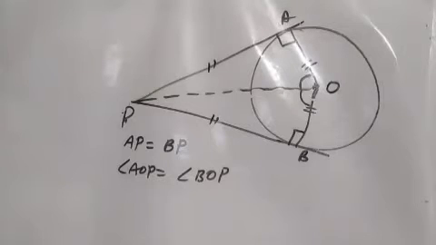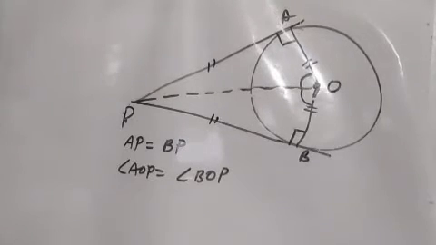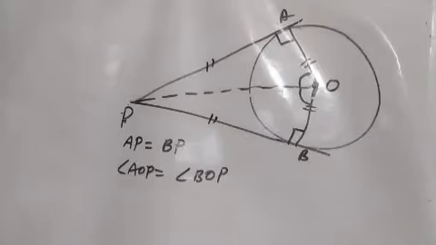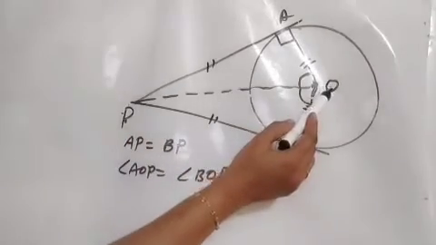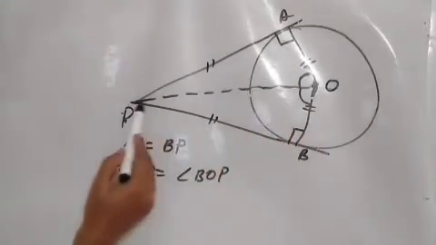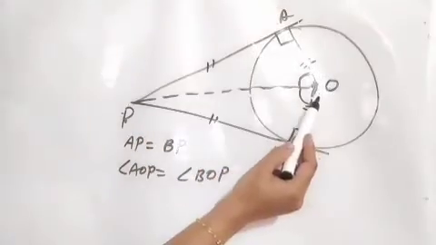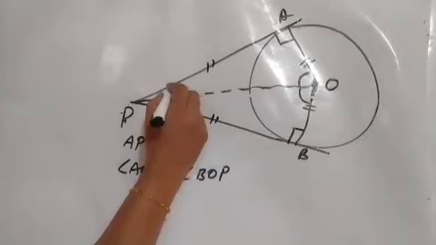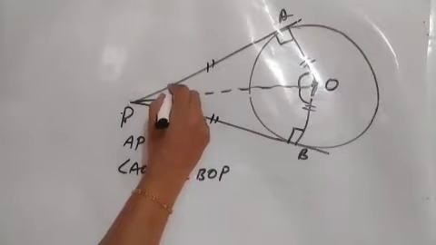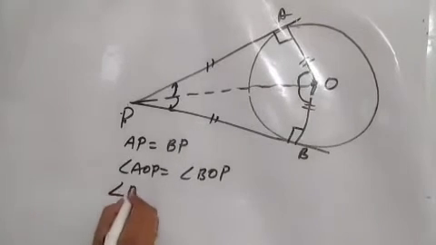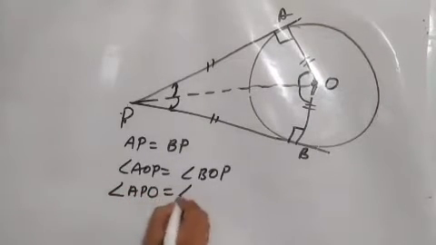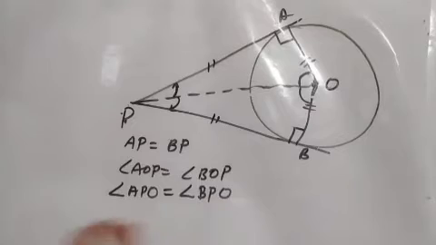And the third point is the tangents are equally inclined to the line joining the point and center of the circle. If we draw a line segment joining the point and the center, these two tangents are equally inclined. From this, the inclination is the same. That means angle APO is equal to angle BPO.